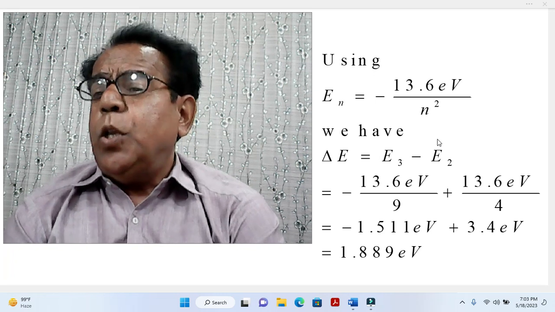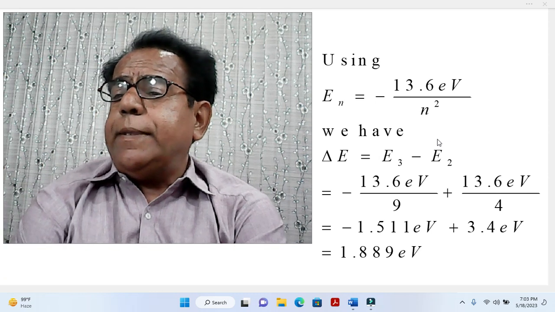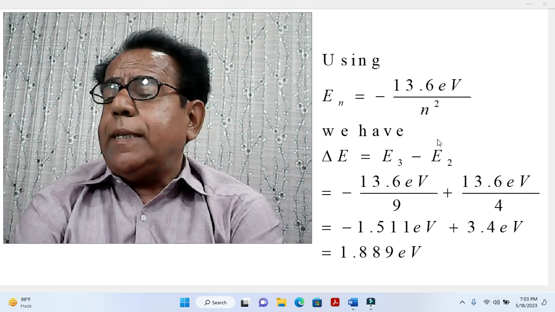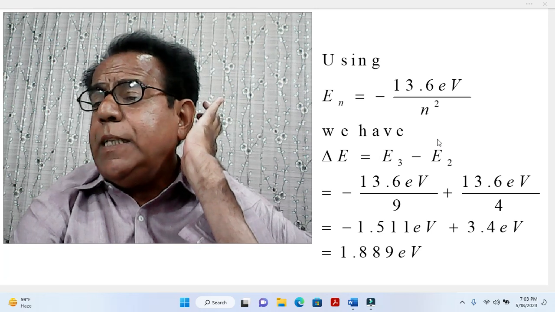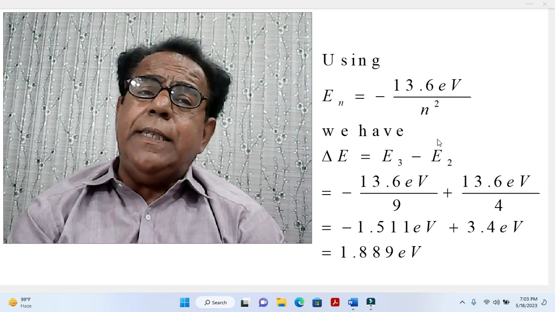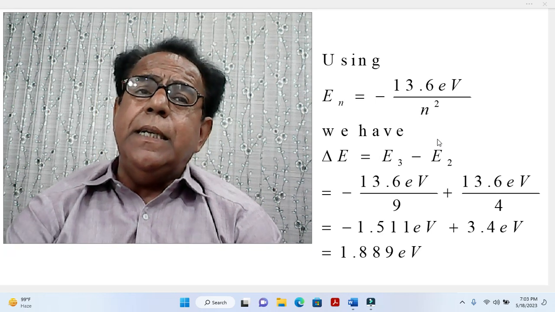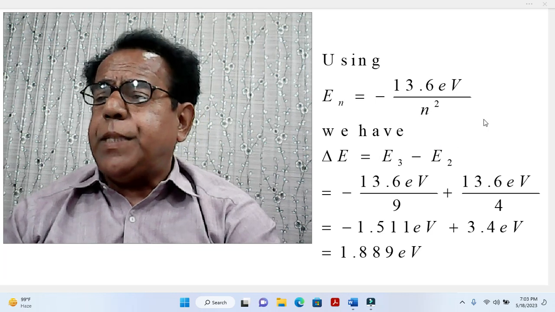Now using En equal to minus 13.6 electron volt over n square, we have delta E equal to E3 minus E2, because dear students, we are dealing with the transition from 3D to 2P, 3 to 2.